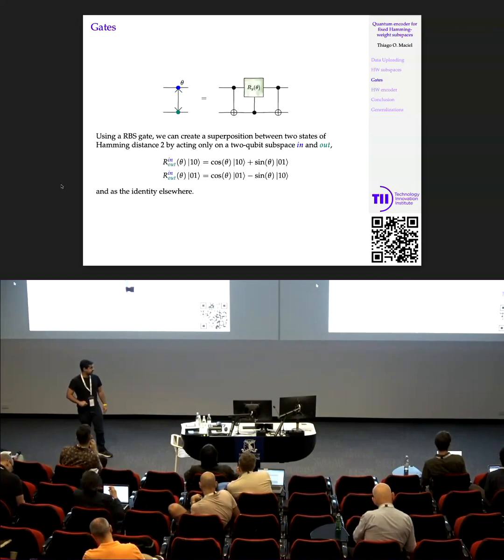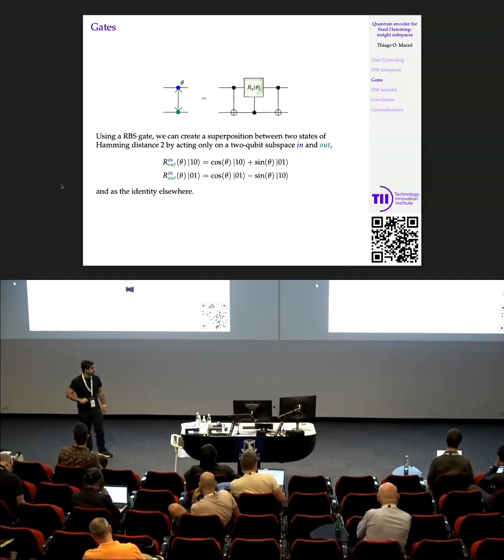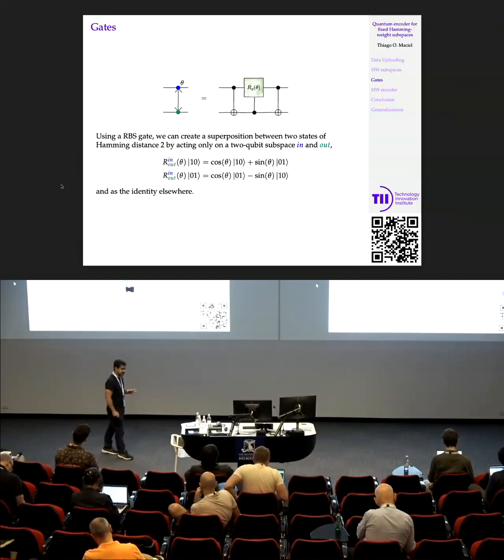And the output register will be the qubit that started with the value 0 and ended up in 1 in the superposition. Okay? And we can represent this in our circuit using a compilation-free scheme, like only putting blue dots for the input qubit, a green dot for the output qubit, just putting a theta over here. And that's it. So we now have a gate that changed 2 bits at a time.